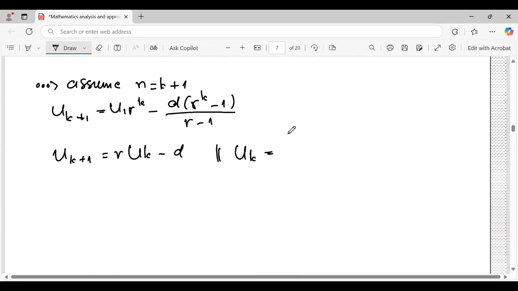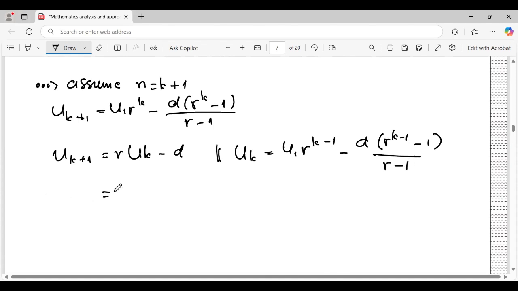Okay. While uk is just now found in part 2, uk is u1 r power k minus 1 minus d times r power k minus 1 minus 1 over r minus 1. Right.